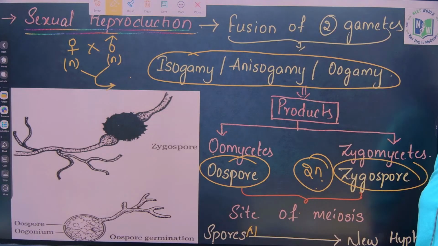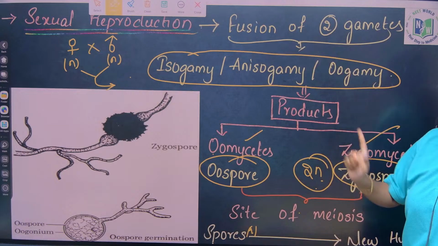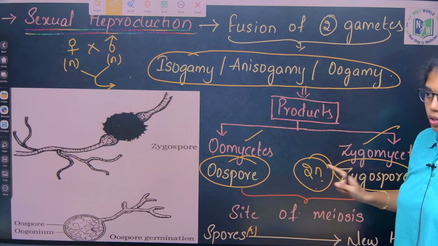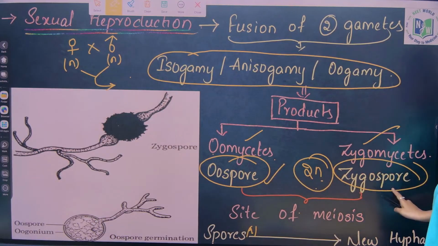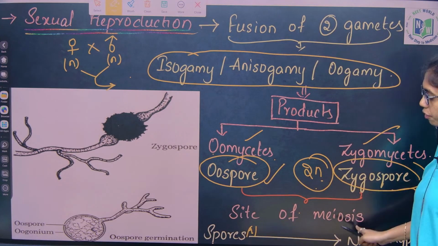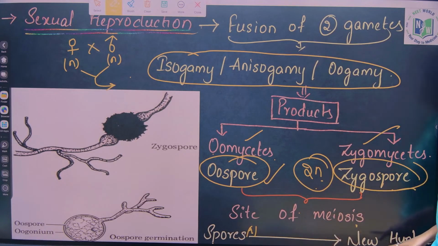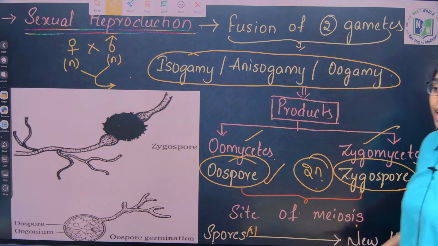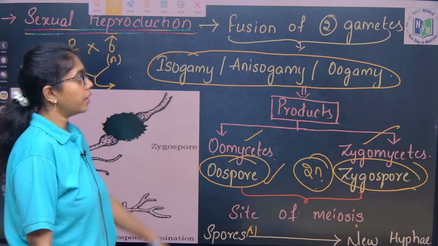The products formed in Oomycetes and Zygomycetes, which are subclasses under Phycomycetes, are oospore in Oomycetes and zygospore in Zygomycetes. This is the site of meiosis wherein haploid spores are formed, and these haploid spores will develop into a new hyphae. This new hyphae is haploid. Clear, understood? Next.